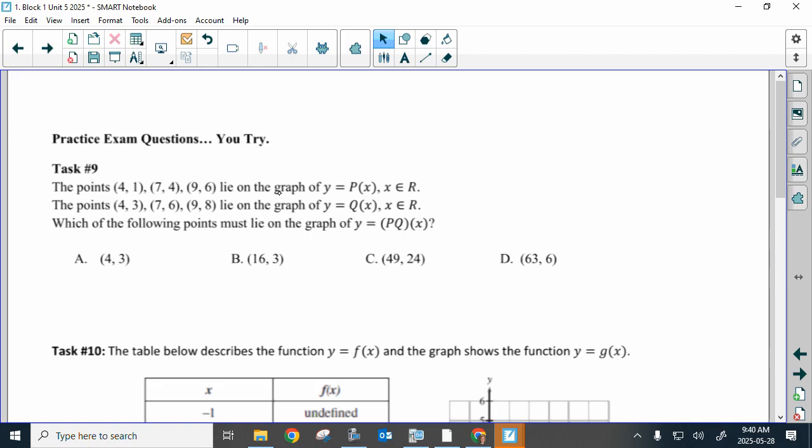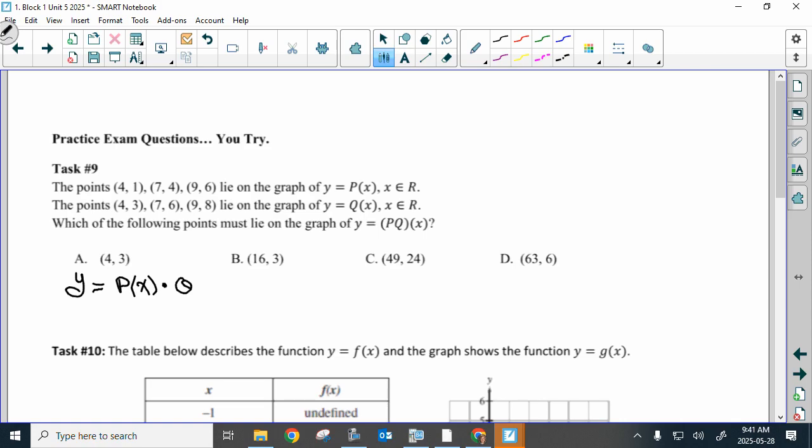Remember that the x values do not change. Keep in mind, these x values have to be the same.